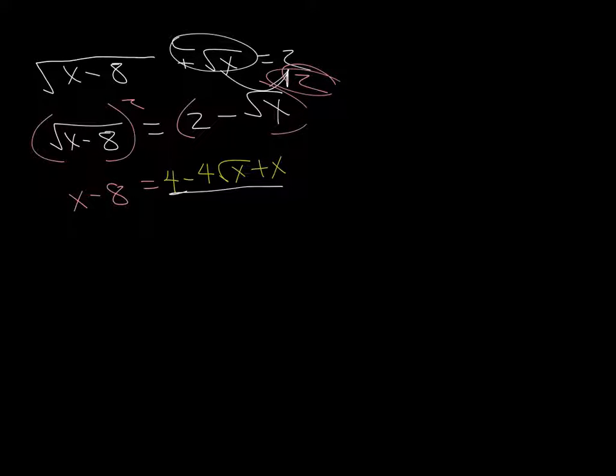Alright, so now I need to clear that right hand side of everything except the radical. So I'm going to subtract 4 from both sides. I'm going to subtract x from both sides.